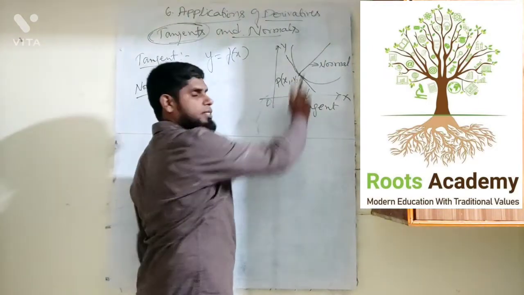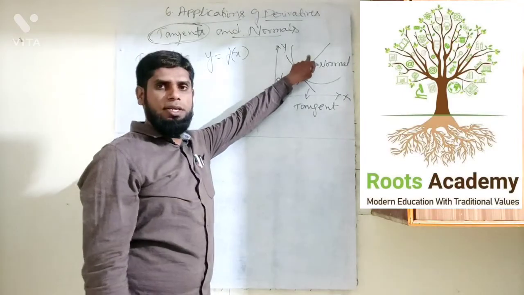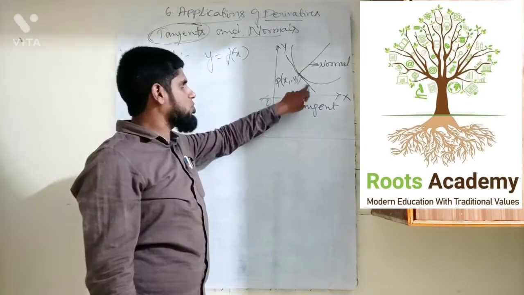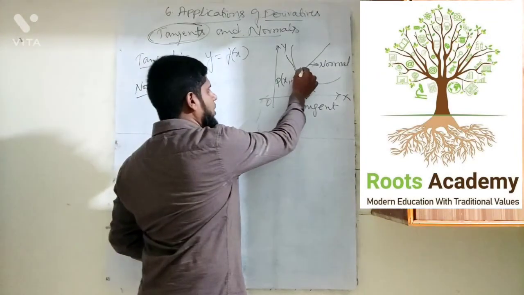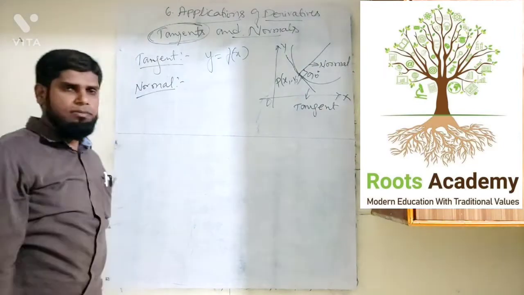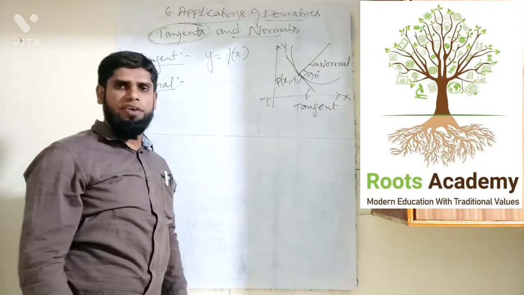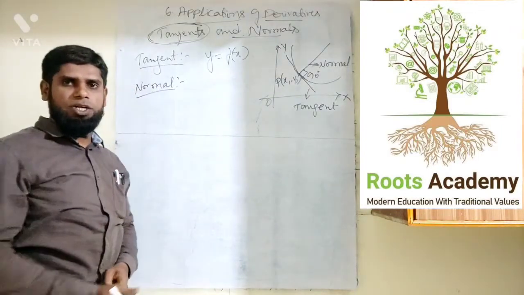Both are lines, but the relationship between the tangent and normal is perpendicular. These two lines are always perpendicular. If you measure the angle, it is always 90 degrees. This is about the definitions of tangent and normal. I hope you understood.